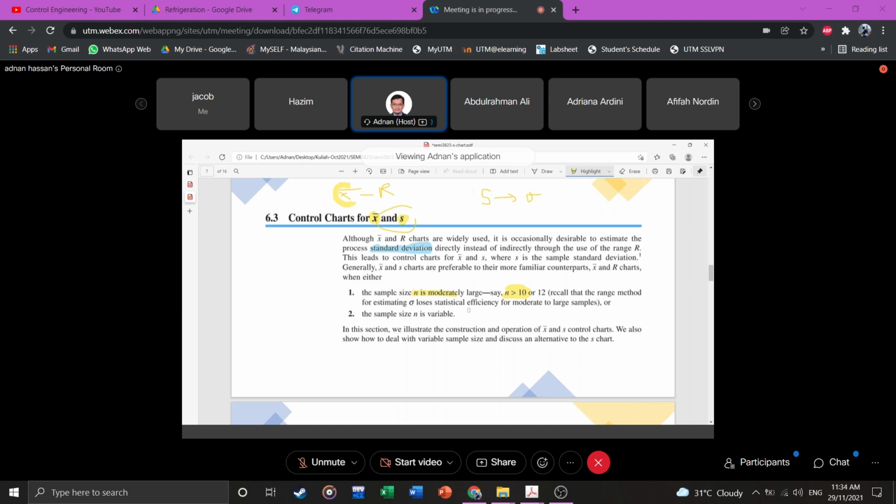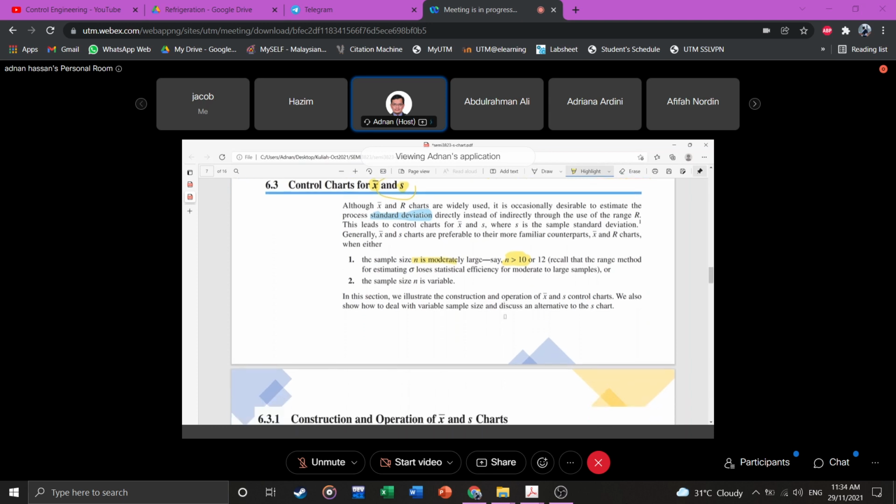If the sample size is variable, we can also use the S chart. Variable means that sometimes we take 10, sometimes 8, sometimes 15. We can use the S chart.